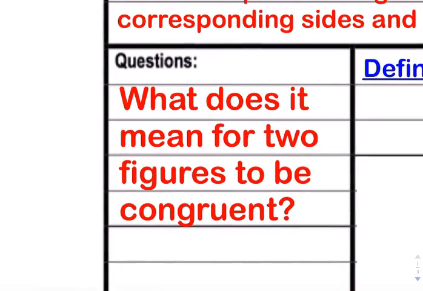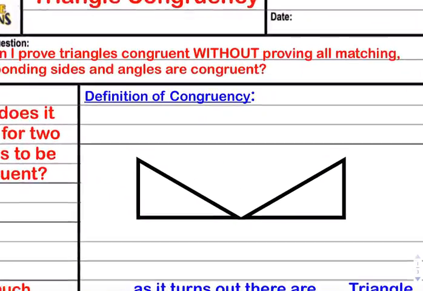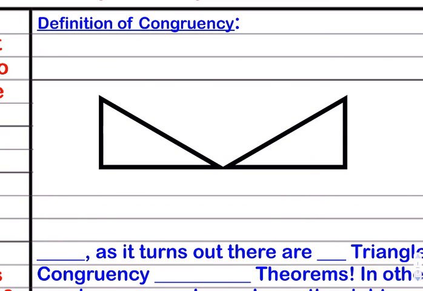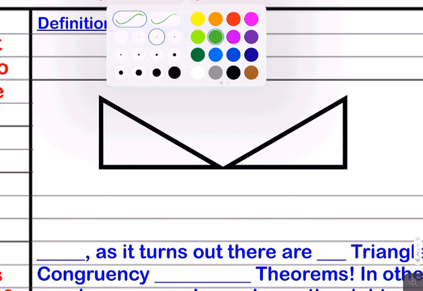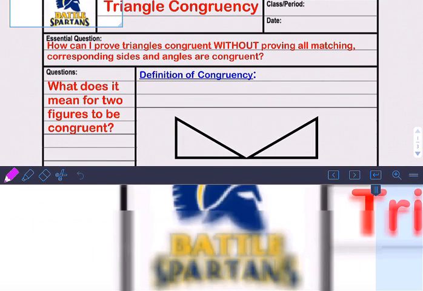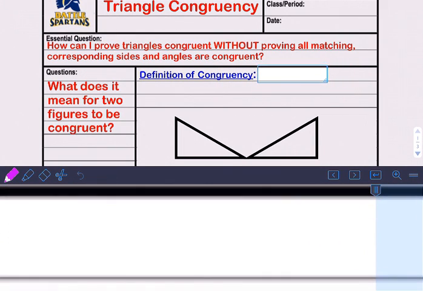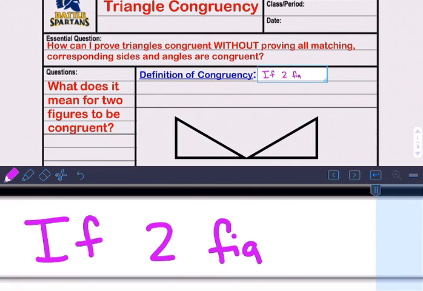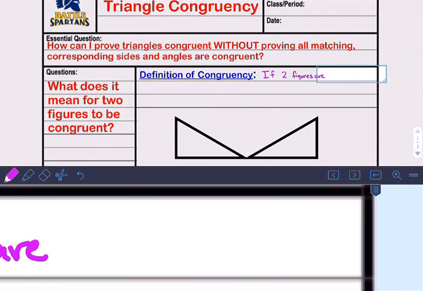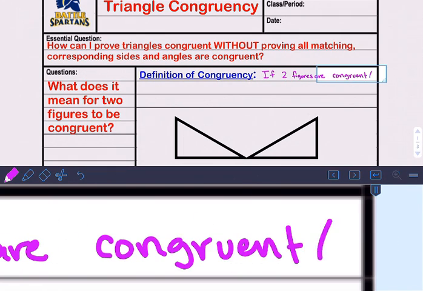Let's first talk about what it actually means for two figures to be congruent. And so what we can start with is the actual definition of congruency. Now this is something we've dabbled with pretty much all year, so this is just the final word on it, the final version of it. When you're talking about the definition of congruency, it's really a condition: if two figures are going to be congruent, let's use a symbol just as a reminder.